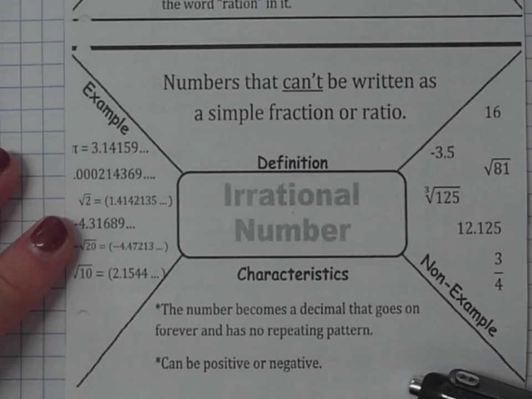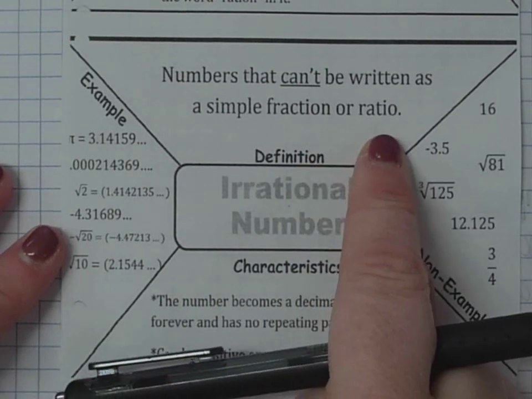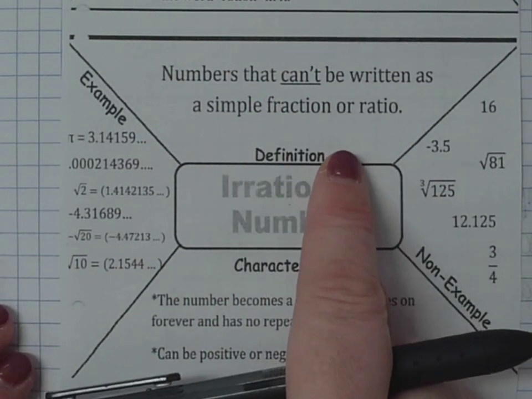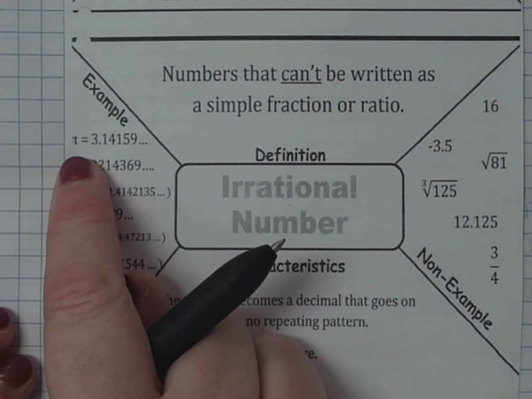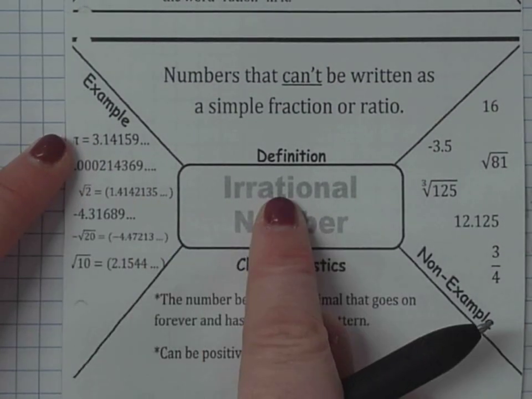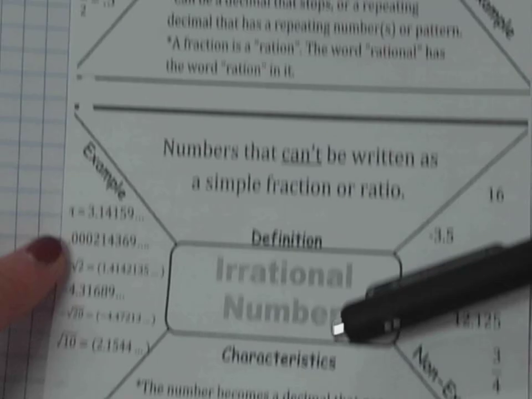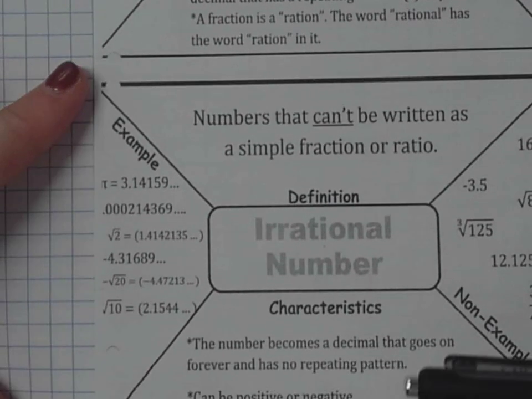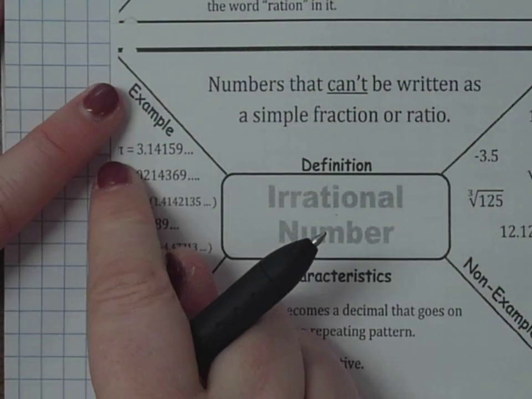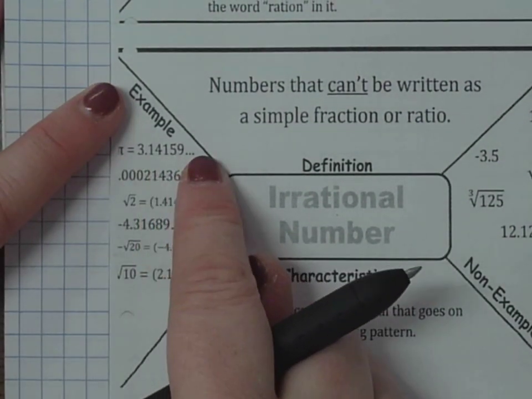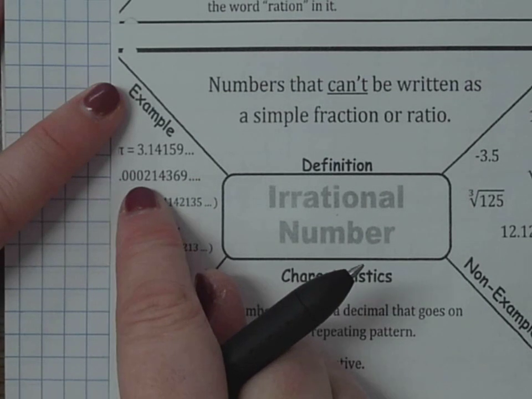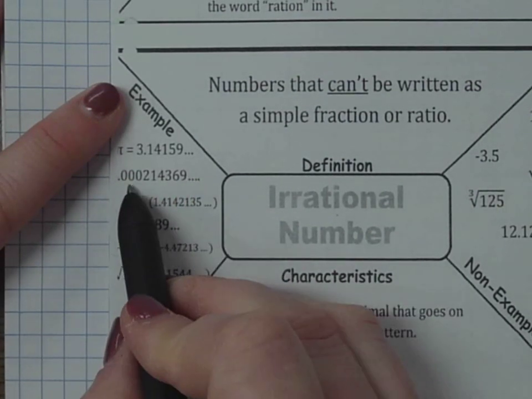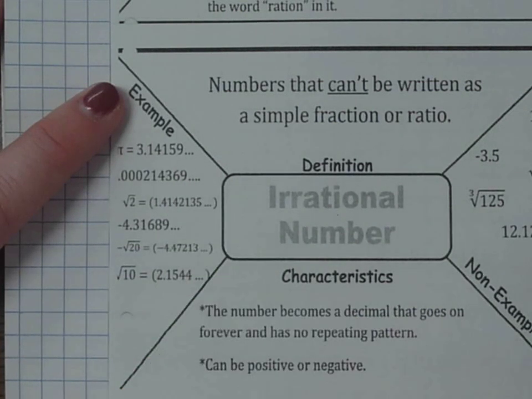Okay, irrational numbers can't be written as a simple fraction or ratio. So an example of an irrational number is the opposite of these up here. The non-examples would be moved to this. So pi, 3.14159... There is no pattern there, so it's not a repeating decimal.